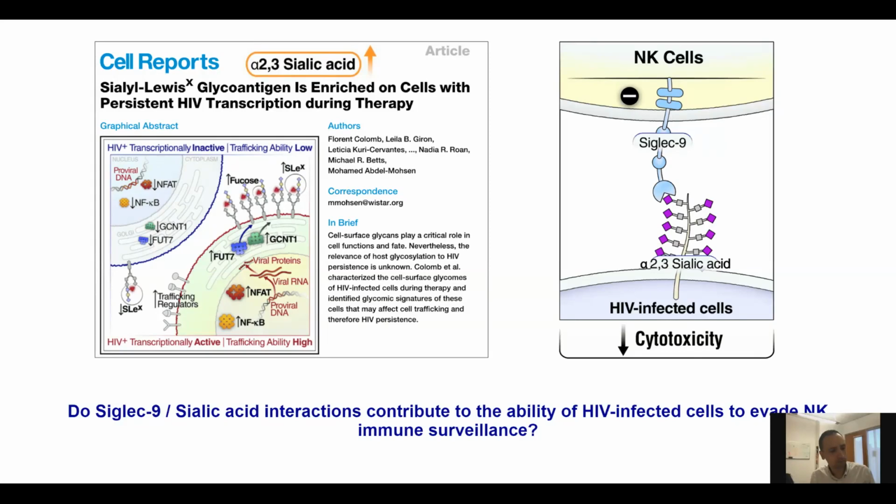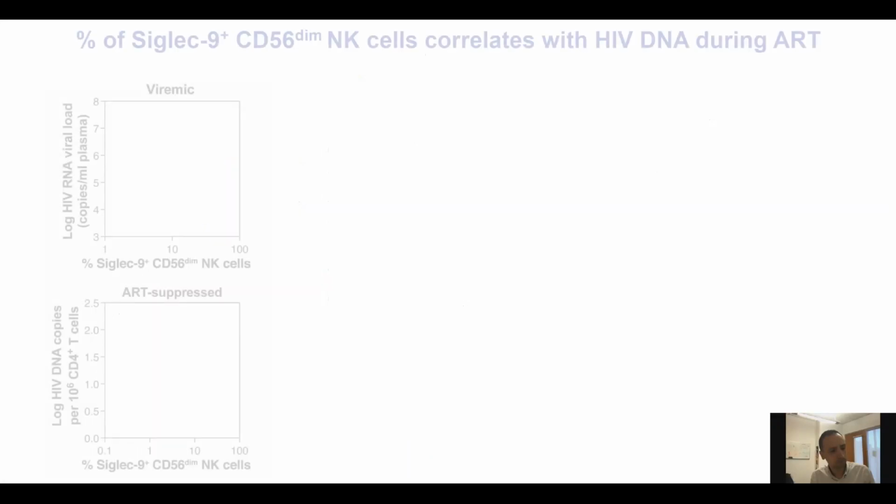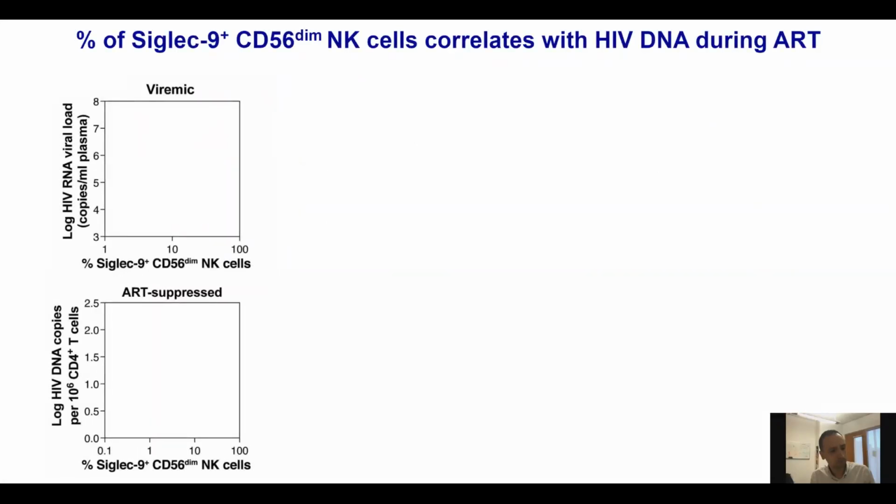We reasoned that if these NK cells expressing the inhibitory lectin Siglecs play any role whatsoever during HIV infection, we should see a correlation in vivo, in patients, between the percentage of NK cells that express this inhibitory receptor Siglecs, here on the x-axis in both the top and bottom panels, and the level of HIV, either the level of HIV viremia in the plasma of individuals when they are not on therapy, or remnant HIV when the patients are on therapy.